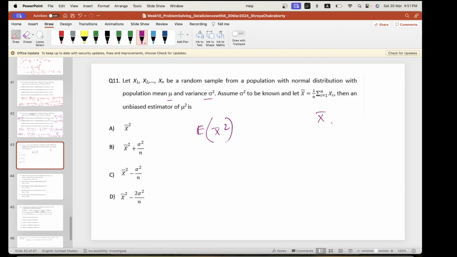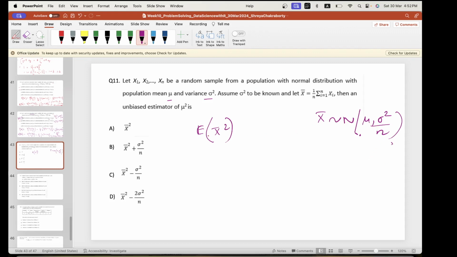Now x bar follows normal, mu and sigma square by n. Alright. If xi's follow normal mu sigma square, then x bar will follow normal mu sigma square by n. This we have done previously also. Since it's a sum of normal distributions, a linear combination of normals will follow normal, and if we just do the expectation and variance assuming all are independent, then this is what we get.